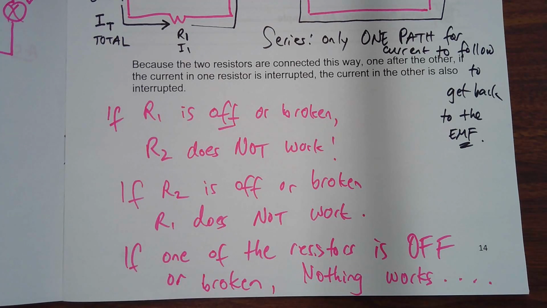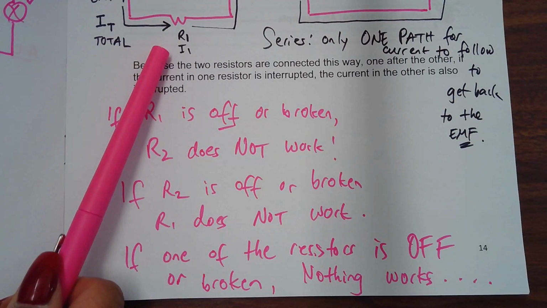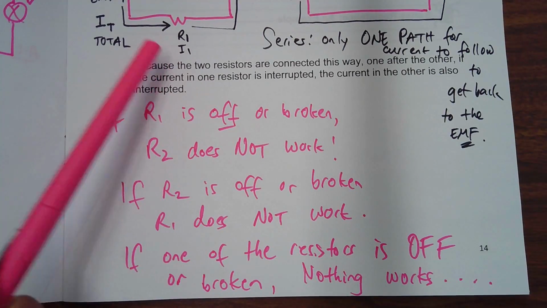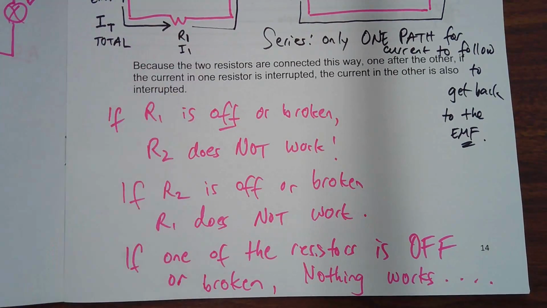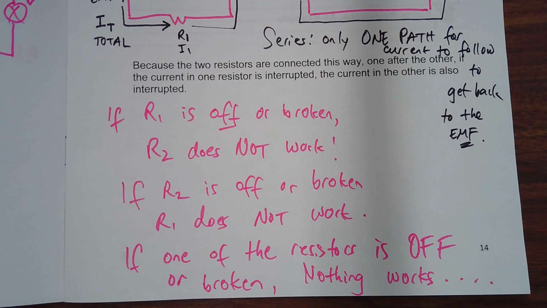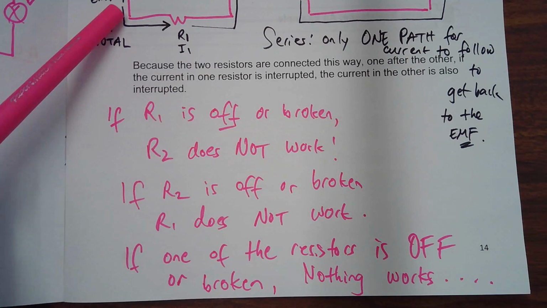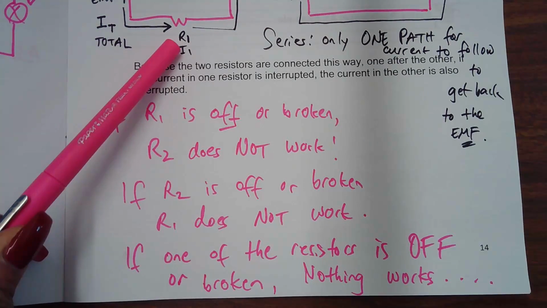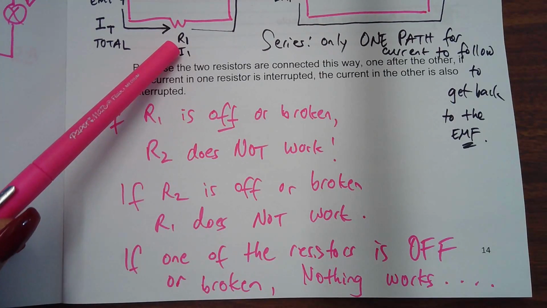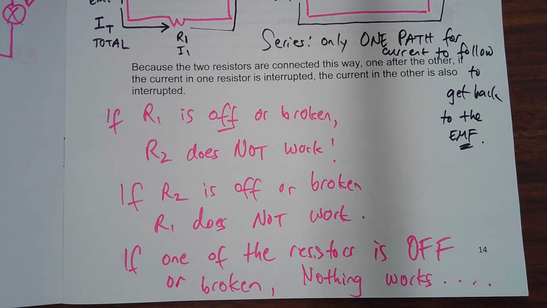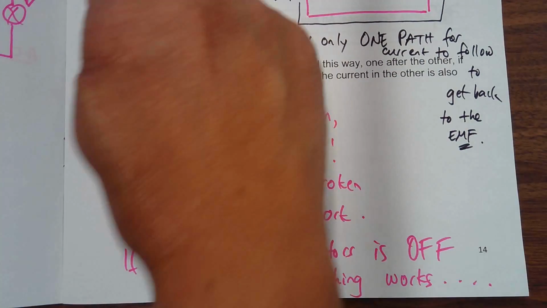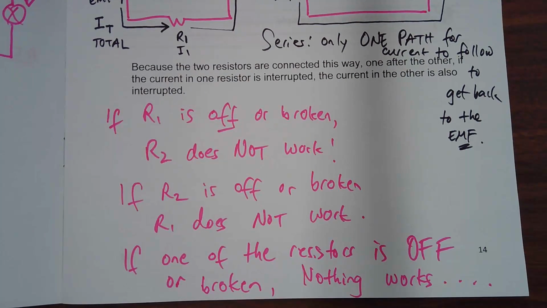If R2 is off, it won't even turn on R1. So what happens here is it actually will not even run the current. There's no current at all. It won't turn on. So let's say I touch the wire here. Will I get electrocuted?